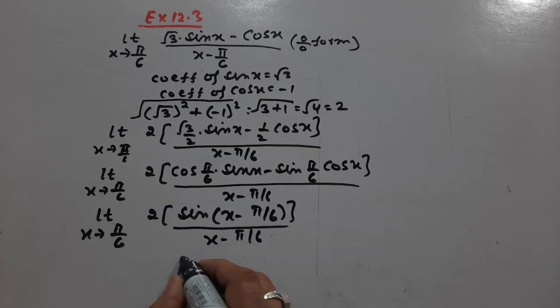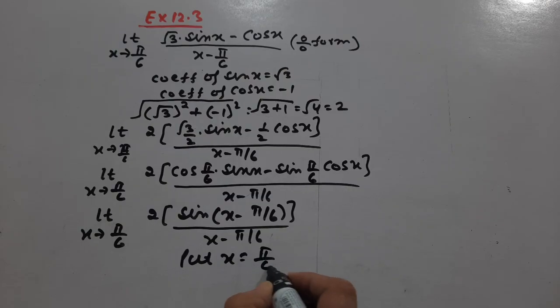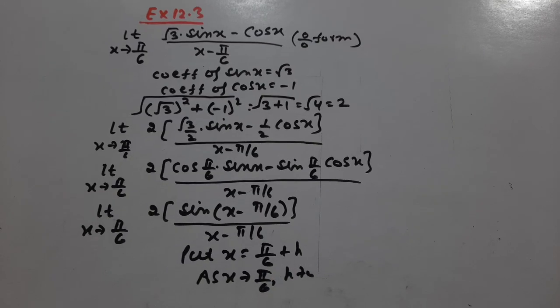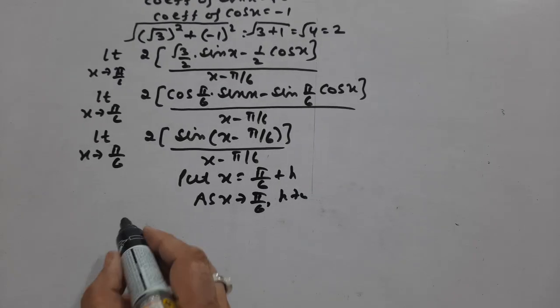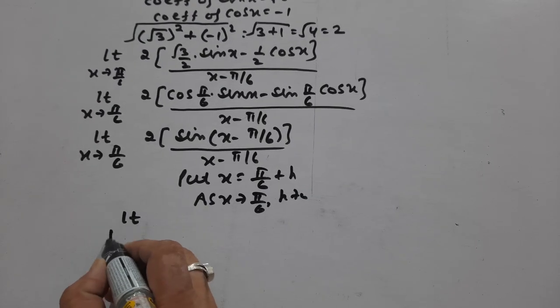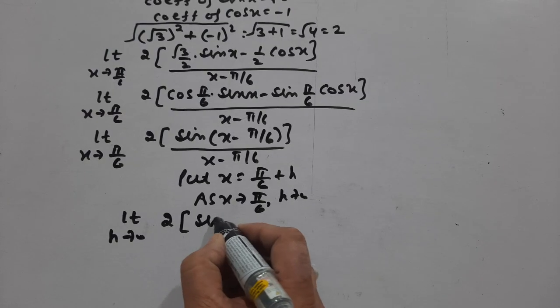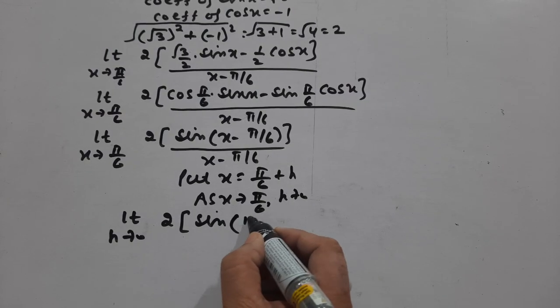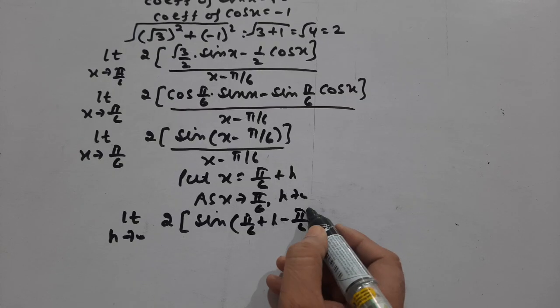Now after this step, we put x equal to pi by 6 plus h. So as x tends to pi upon 6, h tends to 0. Now our question becomes limit h tends to 0 to sin, replace x with pi by 6 plus h minus of pi by 6.